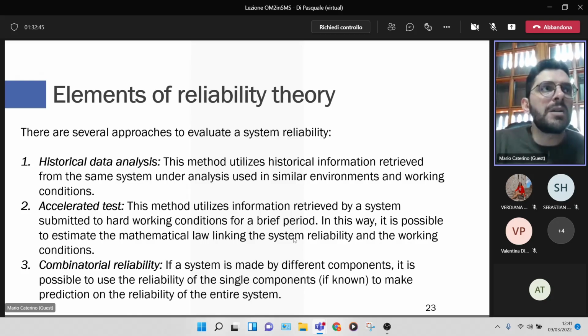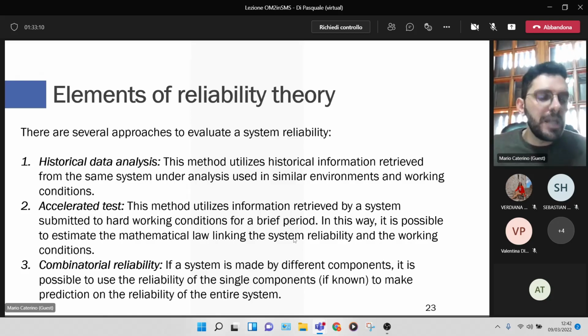So when we want, for example, to estimate the useful life or the reliability of a complex system, we should look at the relationship between the components of which the system is made.